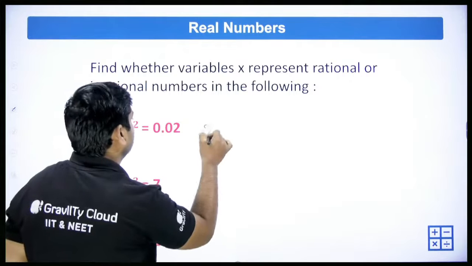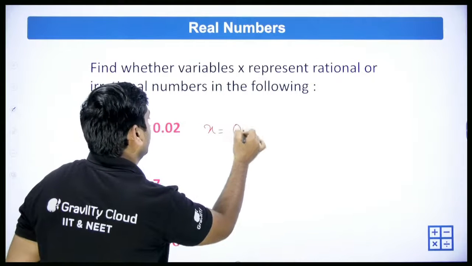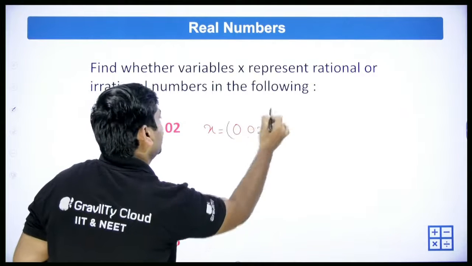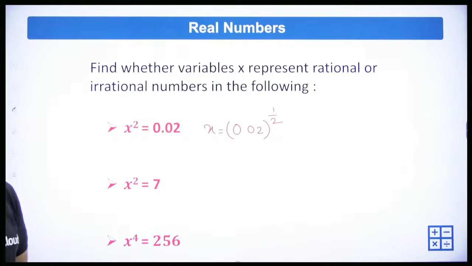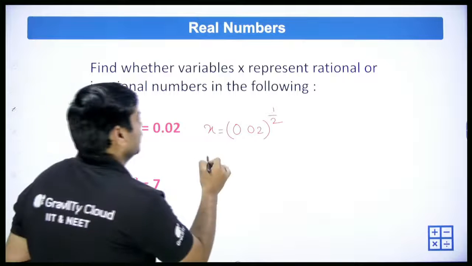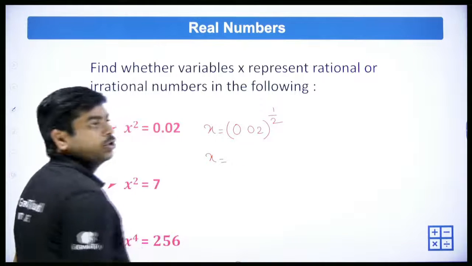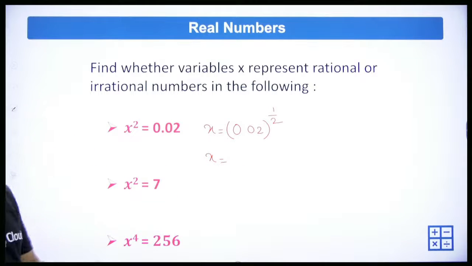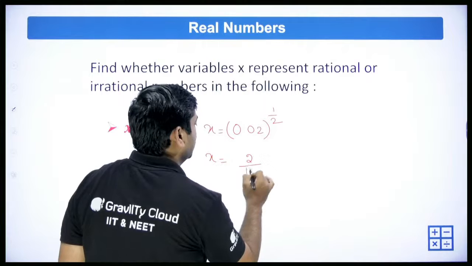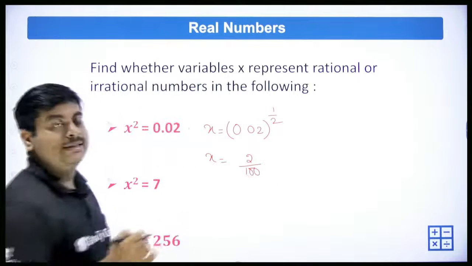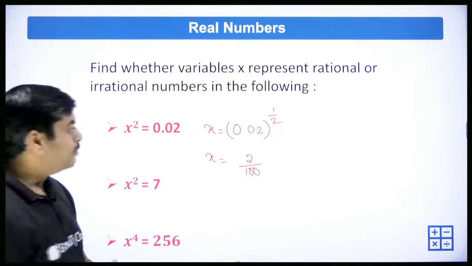Okay. So we can write x is equal to 0.02 whole power 1 by 2. Can we express that in any other way? Can we write 2 by 100, let's say? We already learned how to represent that in terms of decimals.